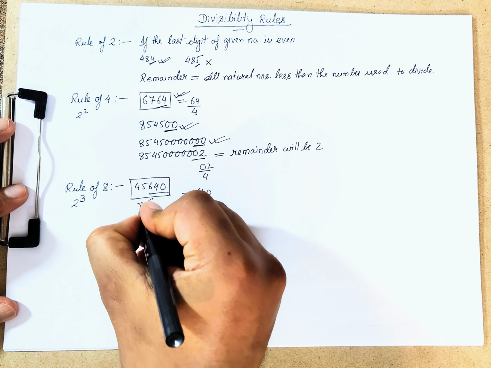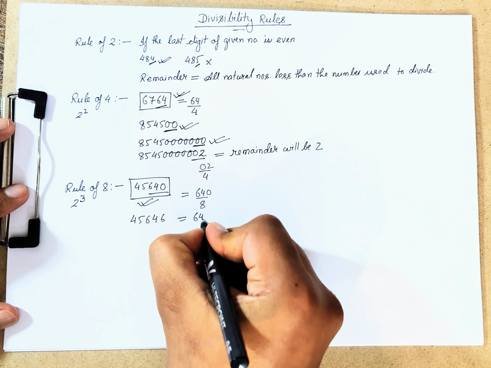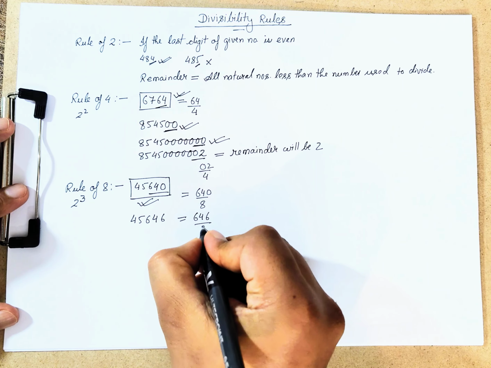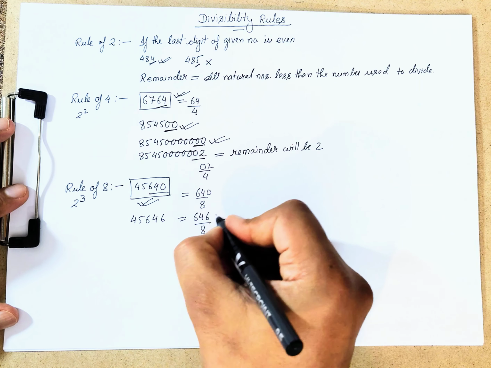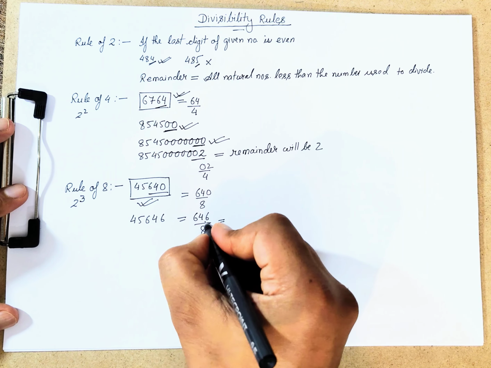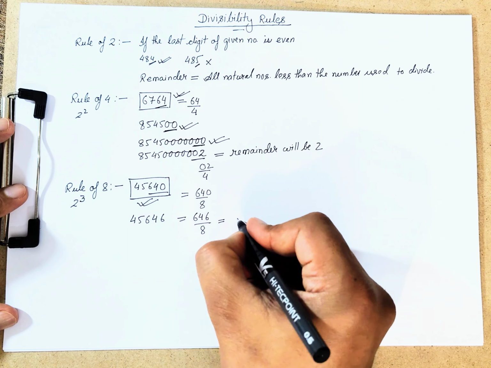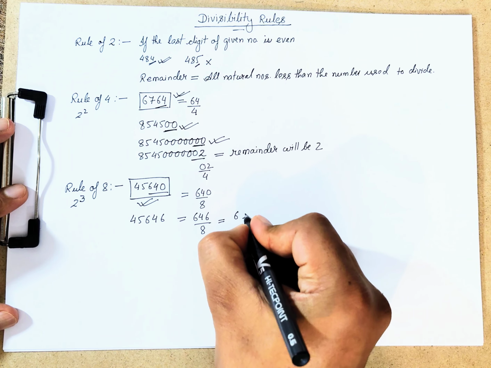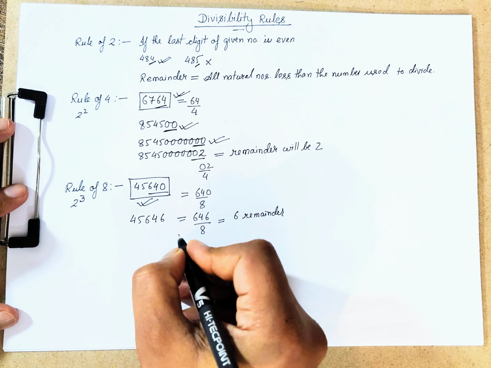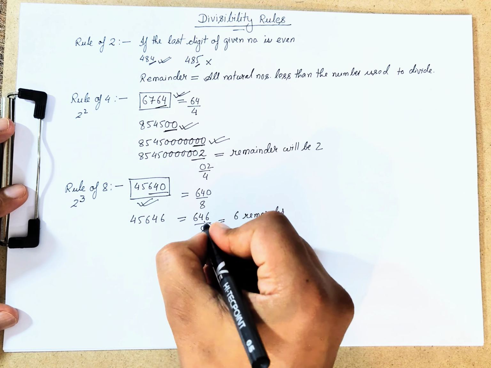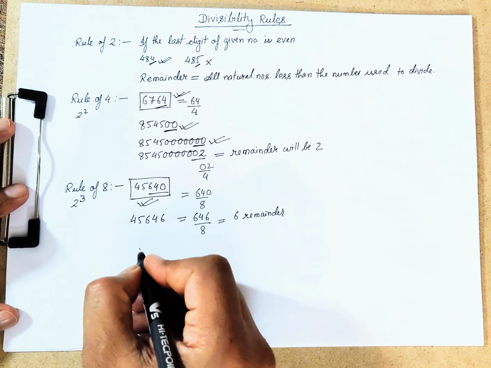Let us take another example, 45646. Is this number completely divisible? So we know that it will be 646 by 8. If we divide this one, we will get 6 as remainder, because 8 eights are 64 and then we get 6 as remainder.